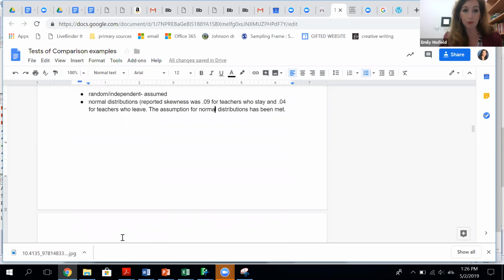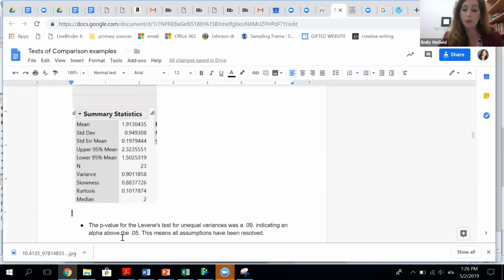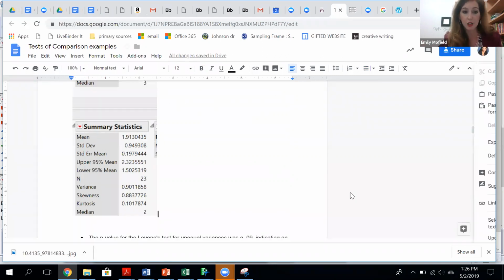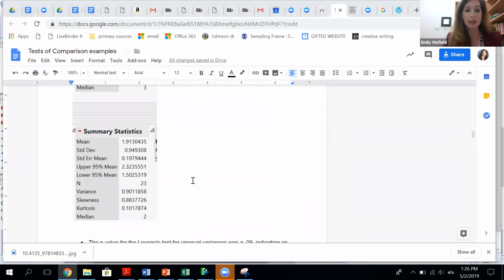Looking here, skewness is within -1 and +1, so that's fine. I don't even need to look at kurtosis. Then I look at skewness of the next group. It's between -1 and 1, so I don't have to worry about kurtosis. I can go on and assume I'm working with fairly normal distributions.